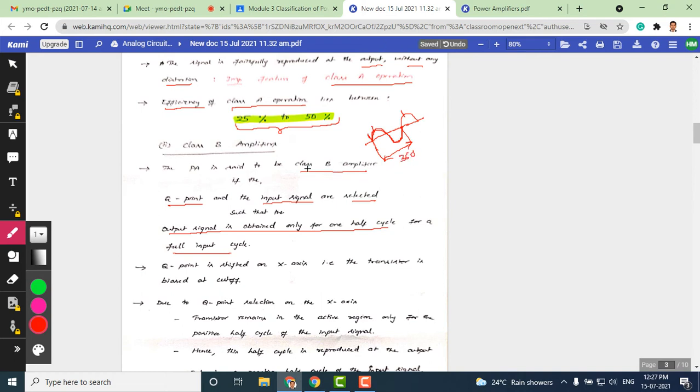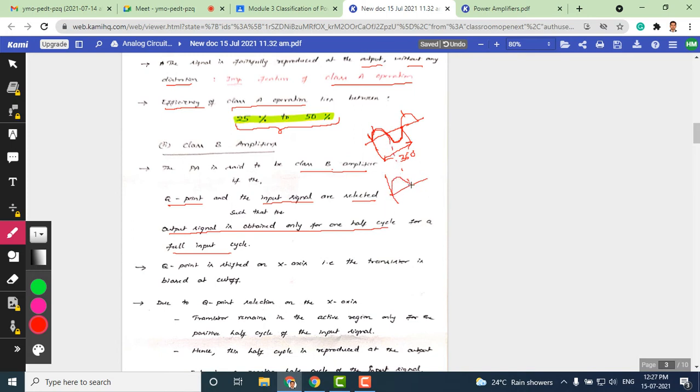Now according to the definition, the output signal is obtained only for one-half of the full AC input cycle. At the input we apply the full cycle, but at the output you get a waveform for just one-half of the cycle like this.